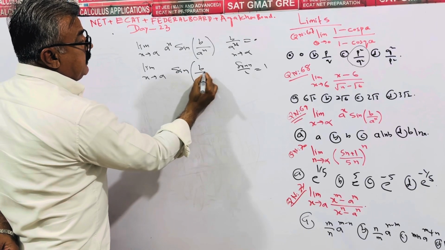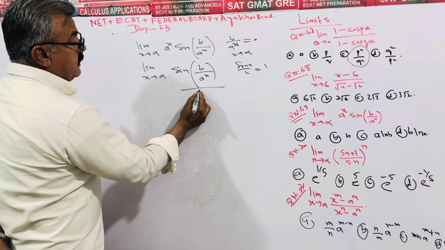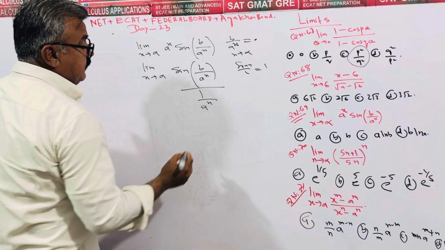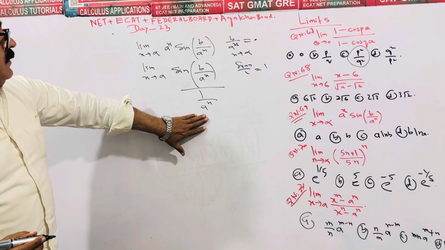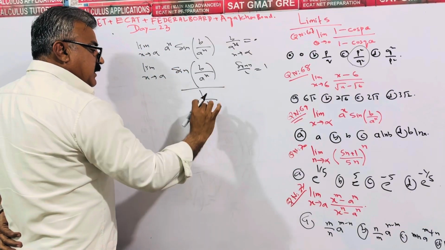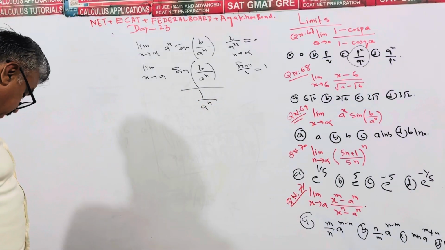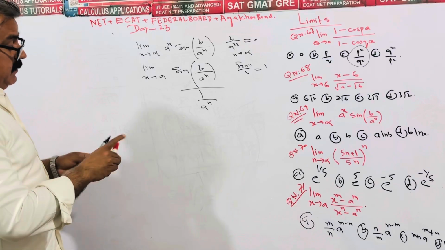Sin of b over a raised x. This one can be written as 1 over a raised x, and what is in the denominator will be in the numerator. So there is b, there is 1 over a raised x. There is a deficiency of b, so divide and multiply by b.